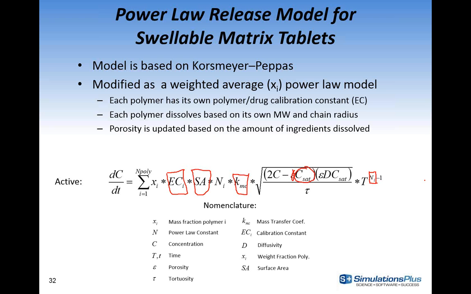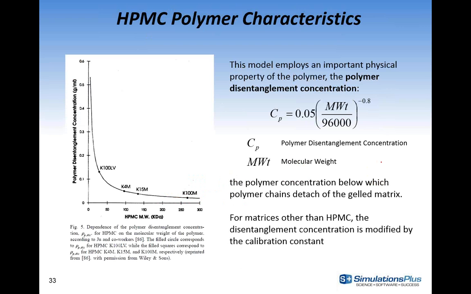In this case, Korsmeyer-Peppas modified this for formulations that are swellable and erodible, N becomes greater than 0.5, and it's typically in the range of 0.6 to 1 or so. In this case, we'll see that N is going to be about 0.78 or so for our formulation, which indicates it's a swellable polymer matrix. And of course, it was an HPMC matrix tablet, so that is obviously correct.